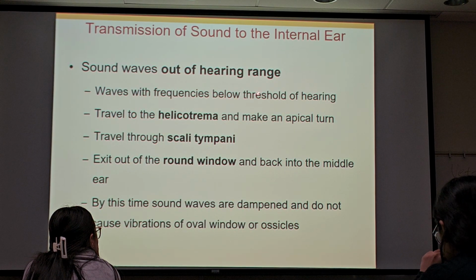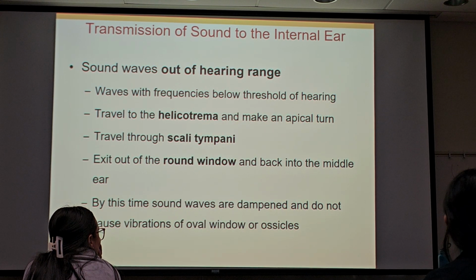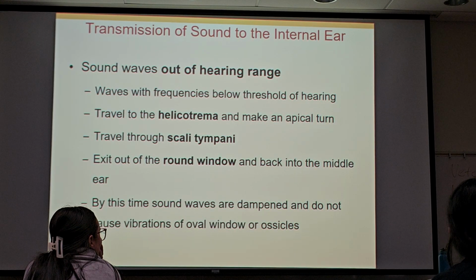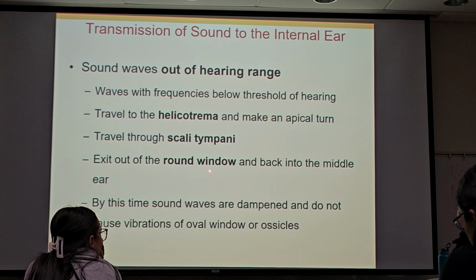Sound waves out of our hearing range, because we can't hear every frequency, right? Waves at frequencies below our threshold of hearing will travel around the cochlea in the perilymph of scala vestibuli, all the way to the apex. Then they turn and travel through scala tympani, and exit out the round window.